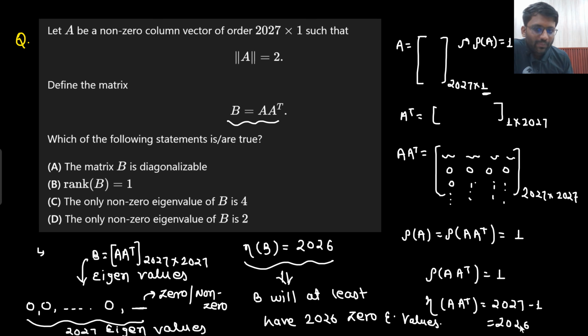Can you comment on the trace of B? What will be the trace of B? Trace of B will be nothing but trace of A into A transpose. Do you remember what trace of A into A transpose represents? It represents the length of A square. A into A transpose we need to do, no? So this is A. What will be A transpose?